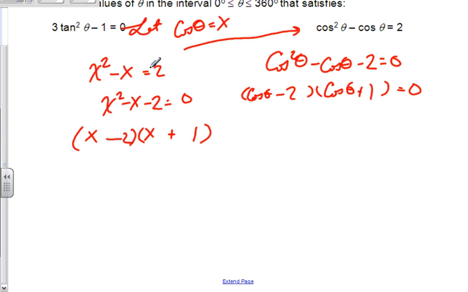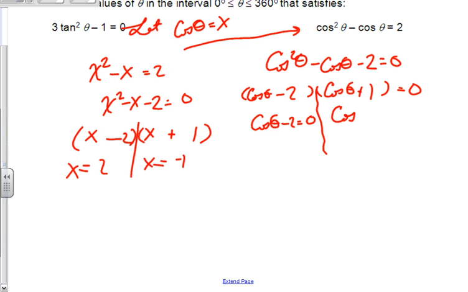You can even solve it in x and then sub it back, and you get the same problem. By the way, this would be x equals 2 and x equals negative 1. Over here, we do the same thing: cosine theta minus 2 equals 0, and cosine theta plus 1 equals 0.